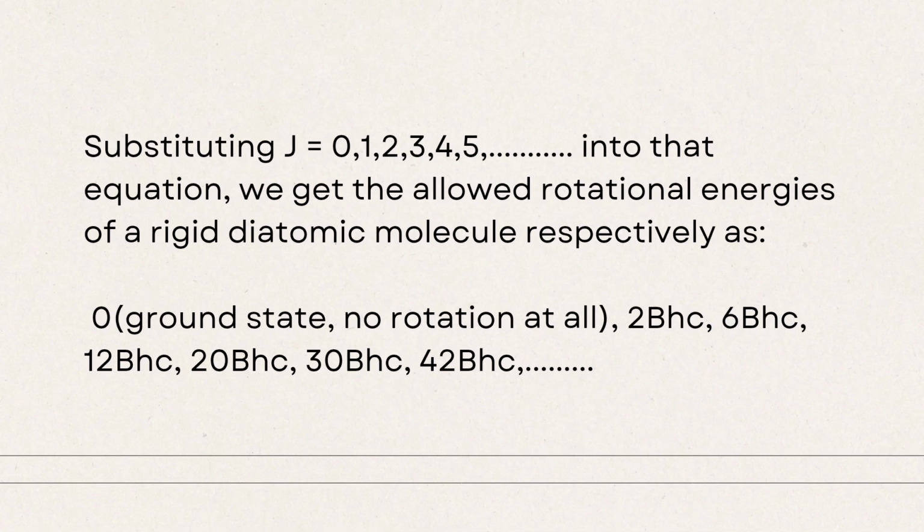We get the allowed rotational energies of a rigid diatomic molecule: 0, which means ground state, no rotation at all. The next ones are 2Bhc, 6Bhc, 12Bhc, and so on.